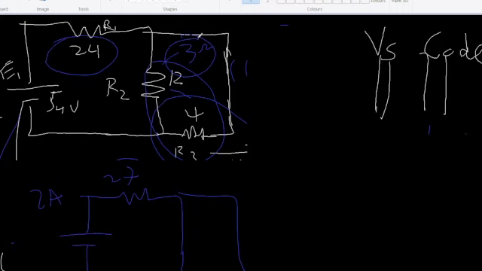We want to divide these 2 amperes between the two of them, before we divide that 3 again into 12 and 4. Current in series is the same, so the current that will flow through this 24 will be the same as what flows through this 3 ohms resistor if the circuit was still like this. So this 24 and this 3 still have these 2 amperes flowing through them.